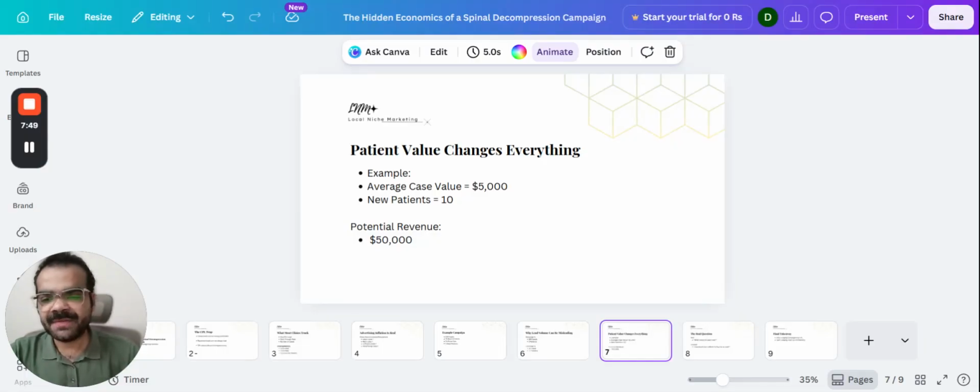So if you are closing around 3 to 5 patients per month with an average ad spend of $3 to $5,000, then it is great. You're doing great in terms of return on investment. If not, then there is a need to optimize some part of your advertisement system, right? It can be follow up, it can be advertisement, it can be your sales process.